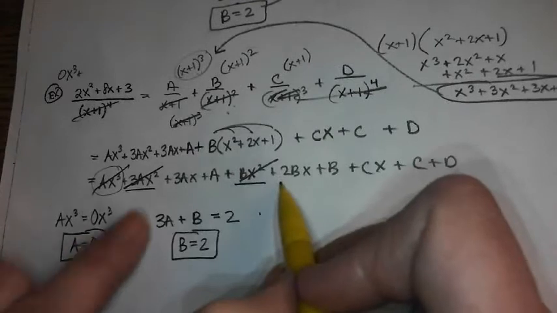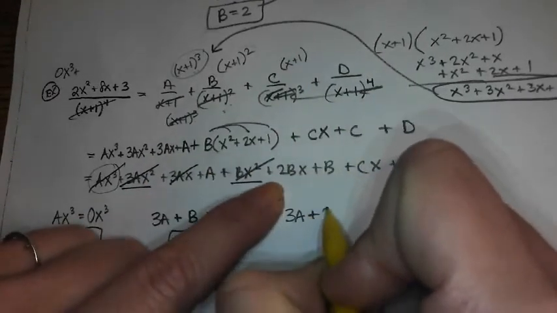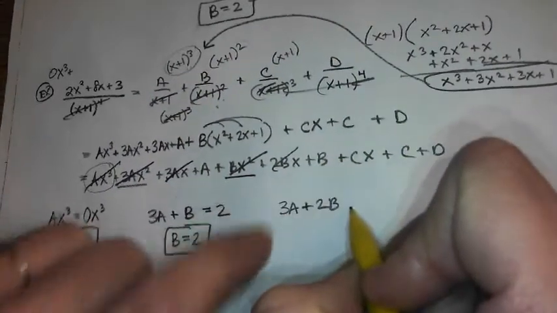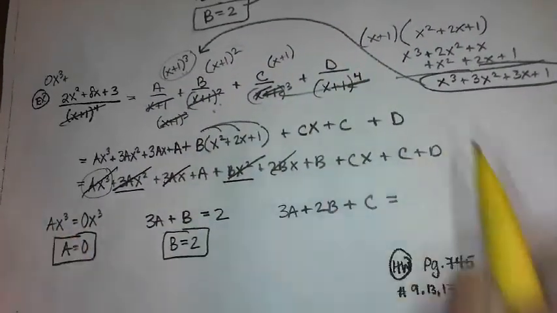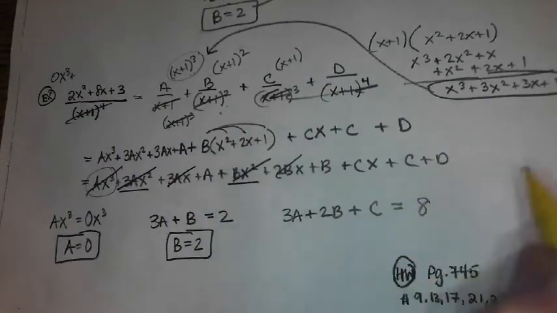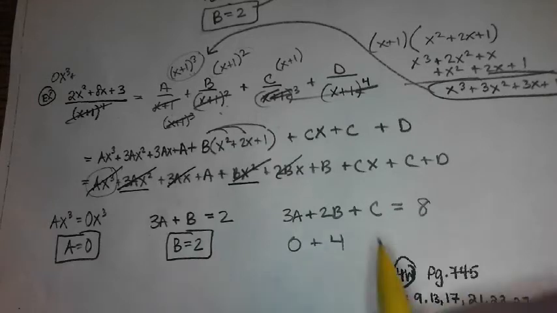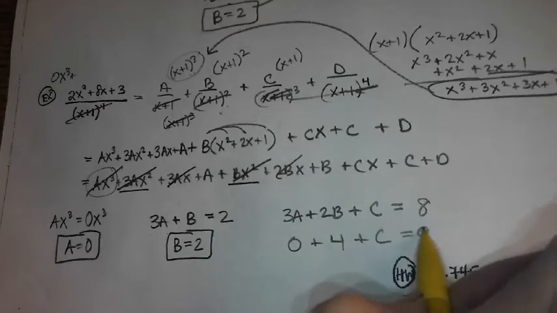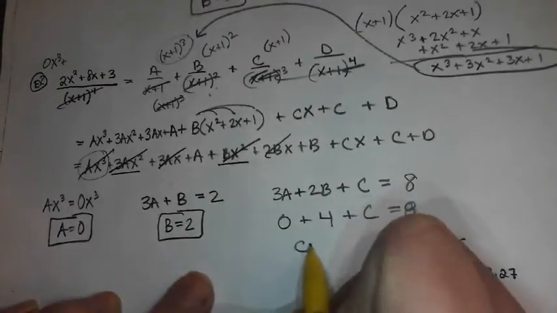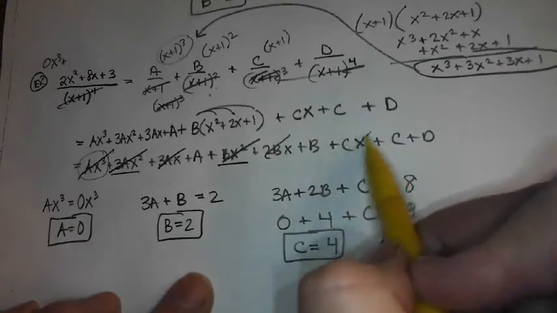My x terms, so that's a 3A plus a 2B plus a C, are supposed to add up to what? 8. So that's 0 plus 4 plus C has to equal 8. So what does C equal? 4. That's all my x terms.